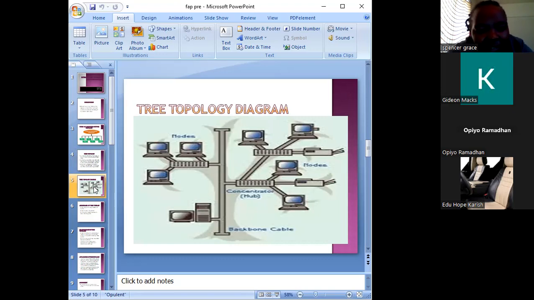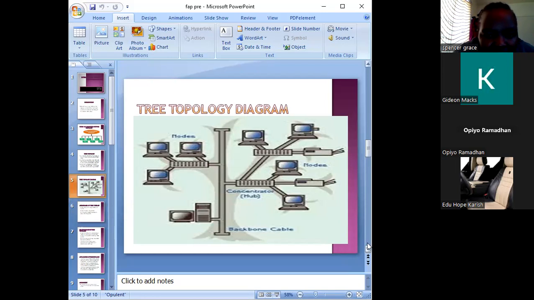As you can see, we have a backbone cable which connects the hub to the nodes. So the data is carried by the central cable to be distributed within the hubs, and then the hubs will distribute the network to the nodes. The nodes can be computers, servers, and so on. Okay, let's continue.